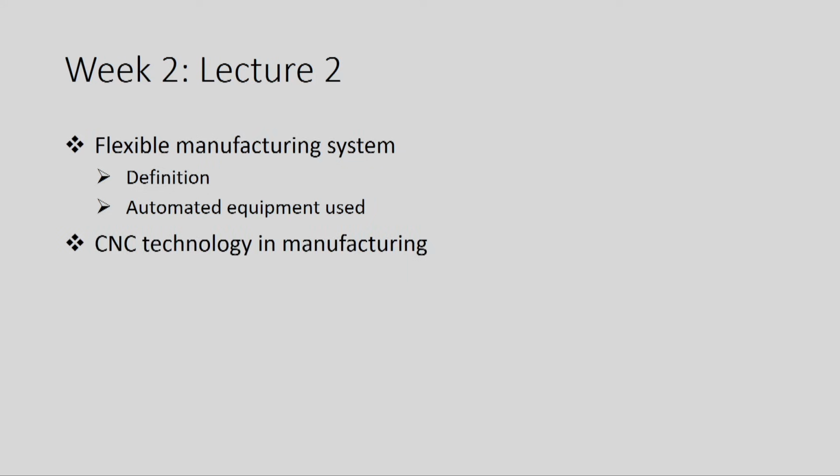After this, we will study the CNC technology that is being employed in the manufacturing domain. To understand the CNC technology in a better way, we will be taking an example of a vertical milling process, a manufacturing process which is widely used in the tool rooms.